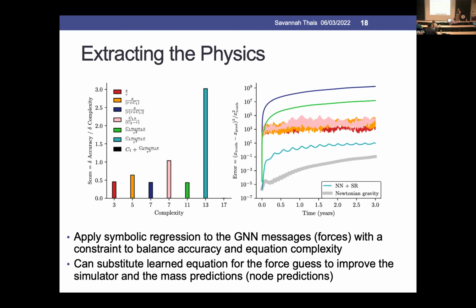There's work in the paper that I cited of using this to learn models of dark matter halos and more complex things than just extracting the equation of motion. But I think symbolic regression is a really interesting and promising interpretability technique.